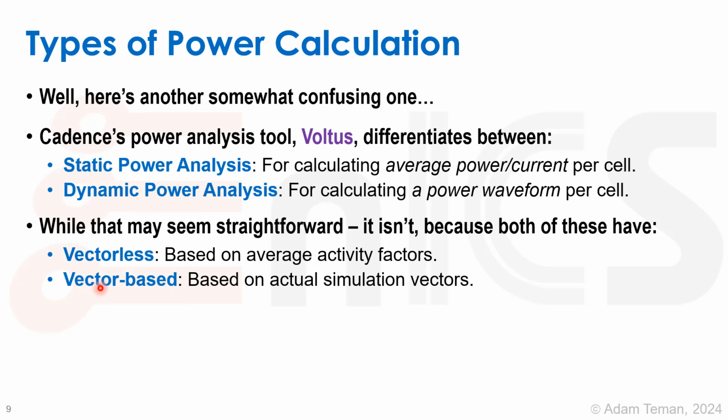On the other hand, we have what is called vector-based, which means that we have to run an actual simulation and then take the actual movement of the different nets. So how many times or at what time point a certain net was charged or discharged, and then use that to do this dynamic or static power analysis.